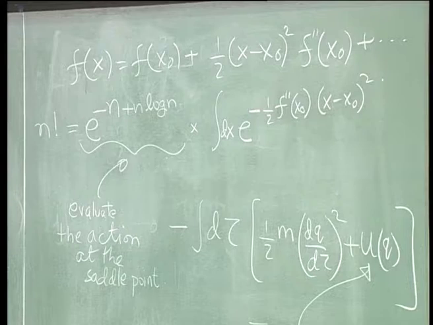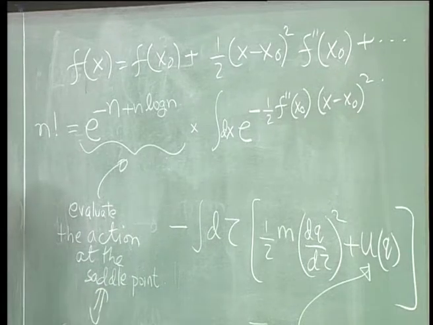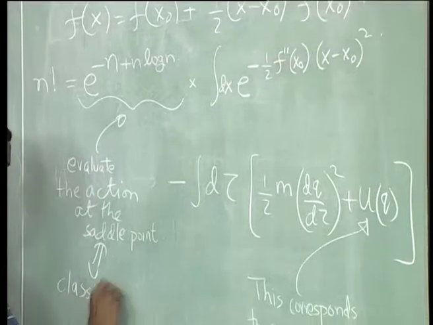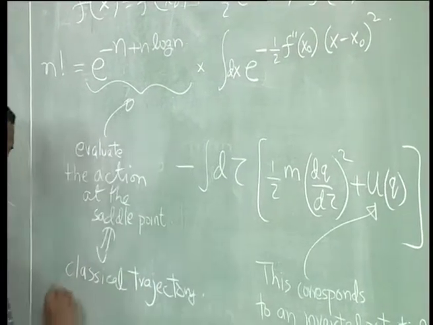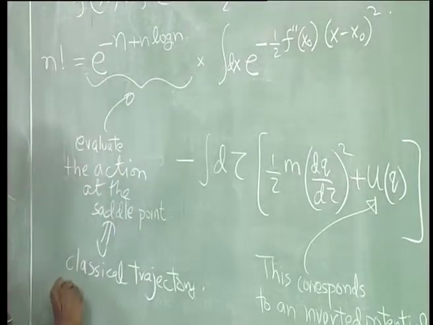Okay. So in other words, but what is the saddle point in this case? It is just our normal trajectory. This is nothing but the classical trajectory which interpolates between whatever in this example.